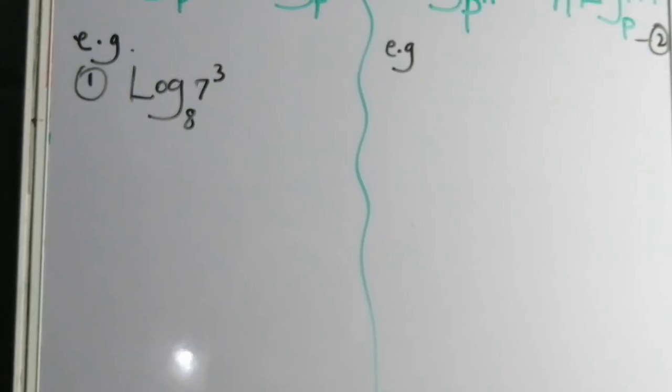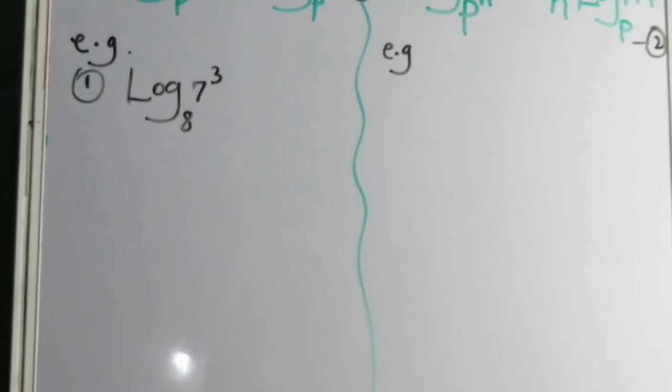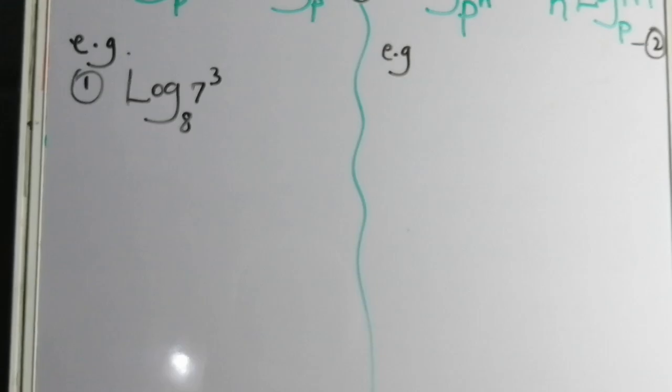So I try to give an example on each of those laws so that you can understand better what logarithm is all about, because there's no way you can escape logarithm. In your classes, your tests, your exams, it's everywhere. You understand now?